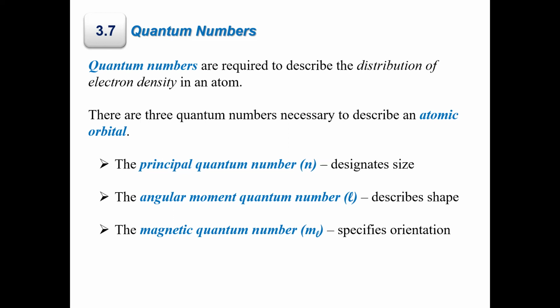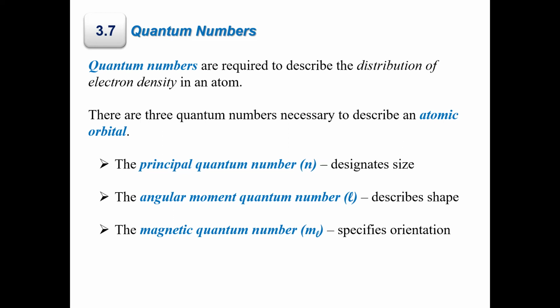Then we have the angular momentum quantum number, or in some other textbooks you will see azimuthal quantum number or subsidiary quantum number. So the angular momentum quantum number, subsidiary quantum number, and azimuthal quantum number all represent the same thing.